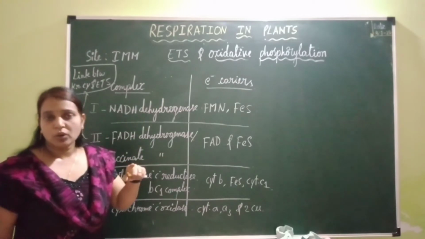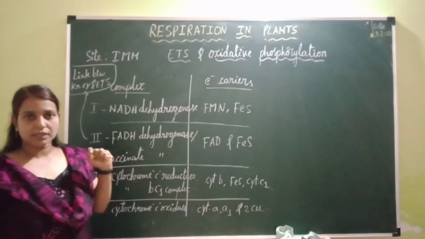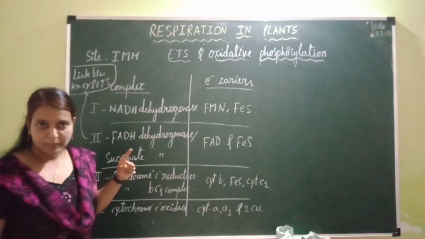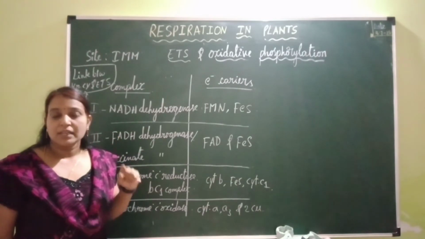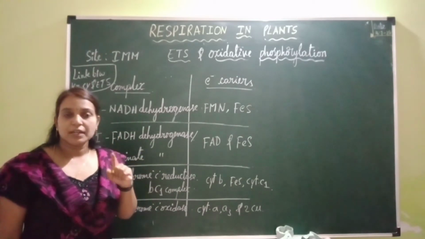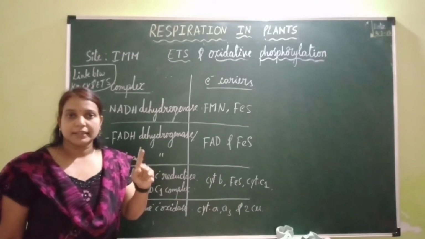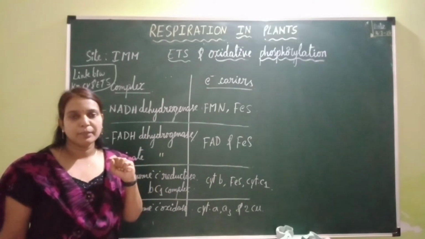And there is one more complex, the fifth complex, which is associated with the inner mitochondrial membrane. That complex is the ATP synthase enzyme, which consists of two particles, the F0 particle and the F1 particle.